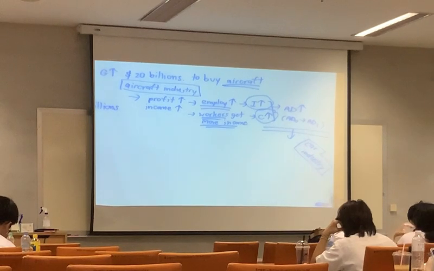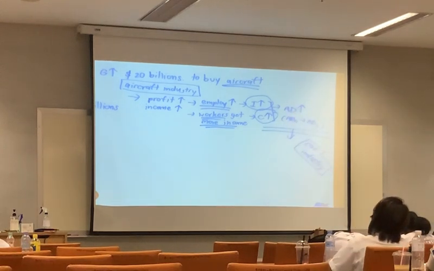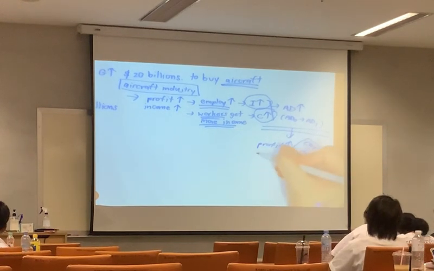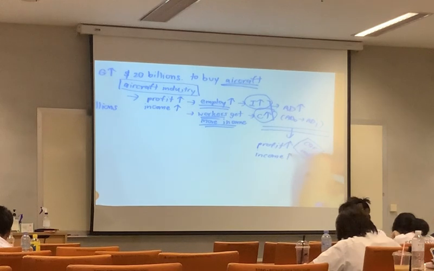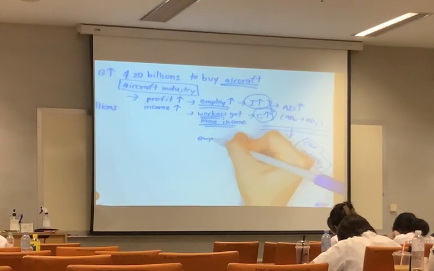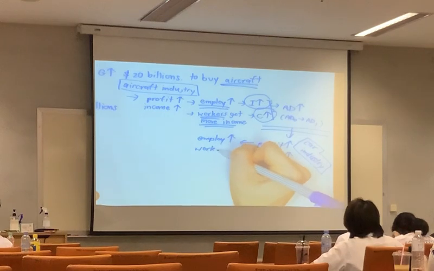They can also buy another material, like steel or whatever. So money goes to the car industry. Car industry again, the same: they have more profit, more income, and they will employ more workers or the workers have more income.